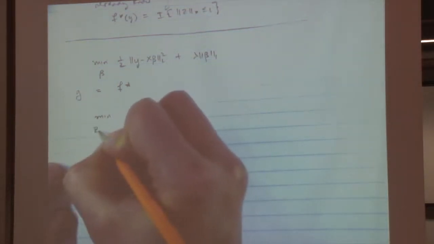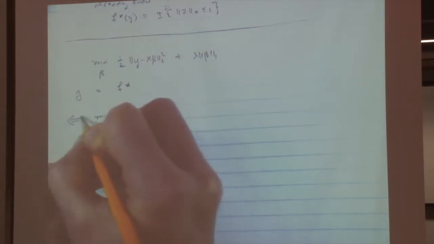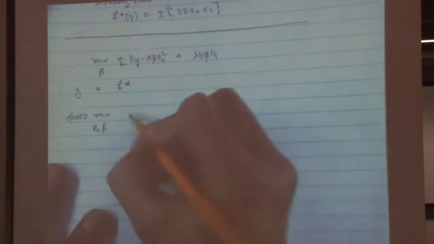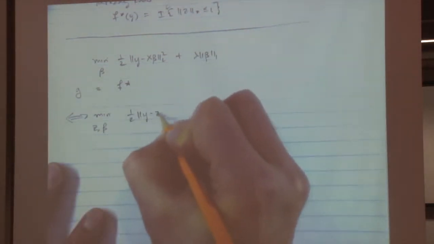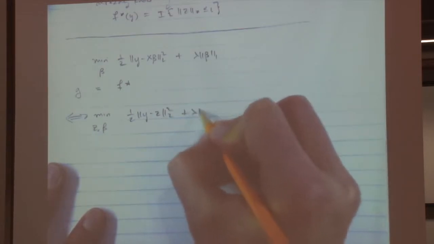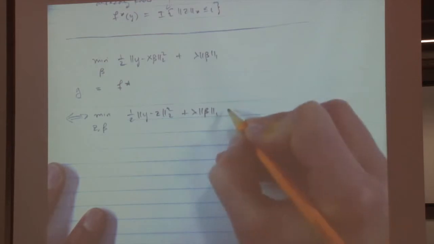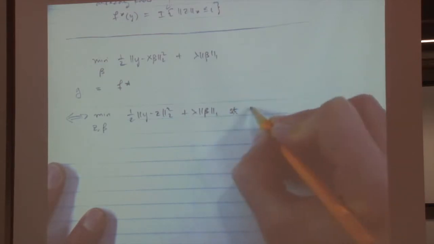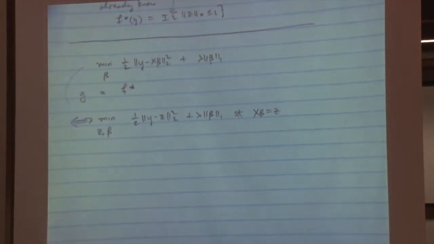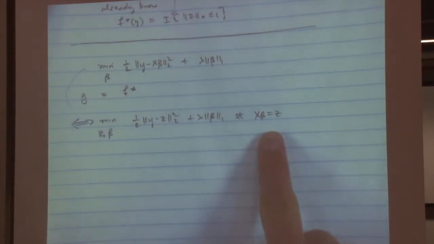Let's rewrite it as minimizing over beta and z, one half of y minus z squared plus lambda times the L1 norm of beta, subject to x beta equals z. Didn't change the problem, didn't help me to solve it. It was a trivial rewriting, but it's going to help me derive the dual. So I've introduced this constraint now.